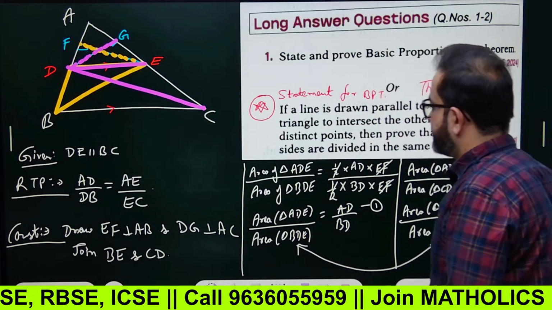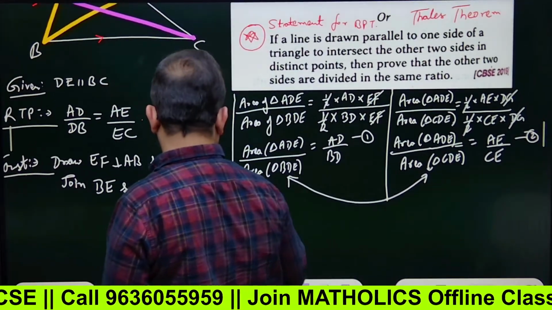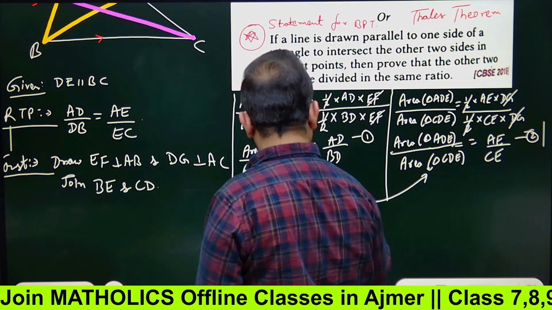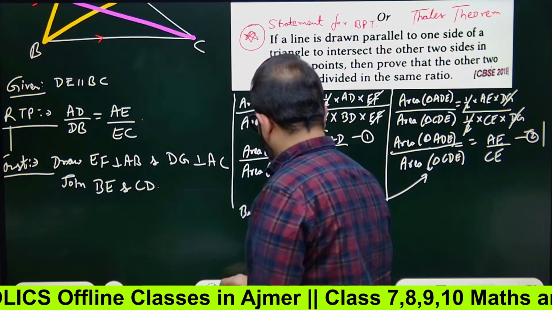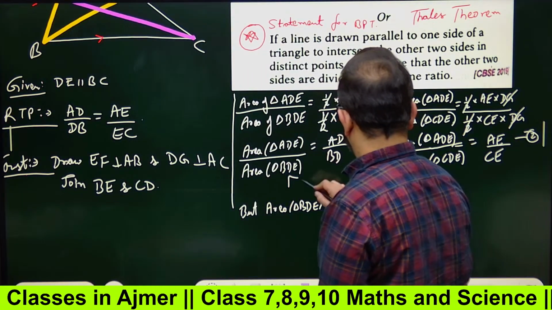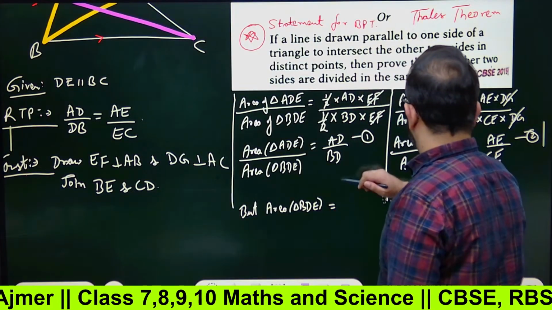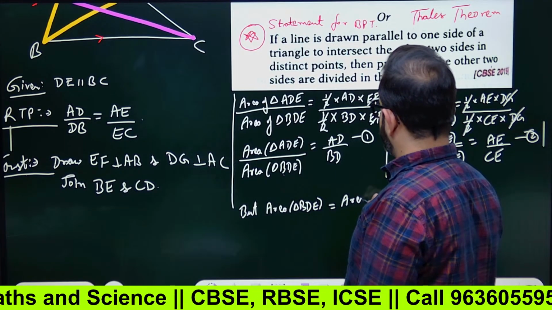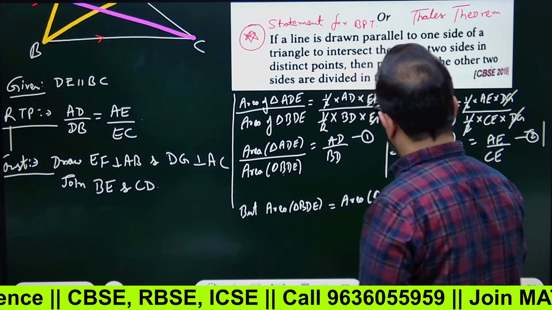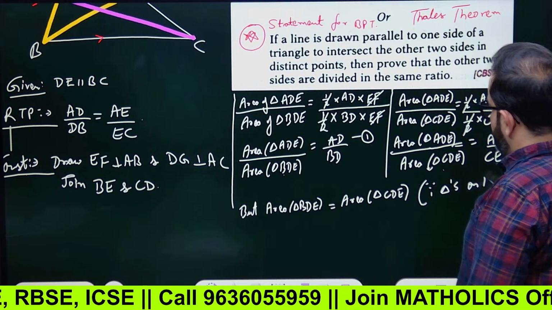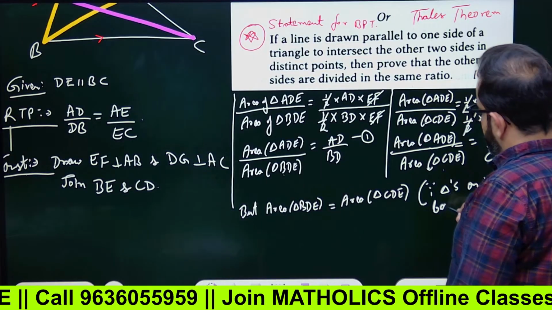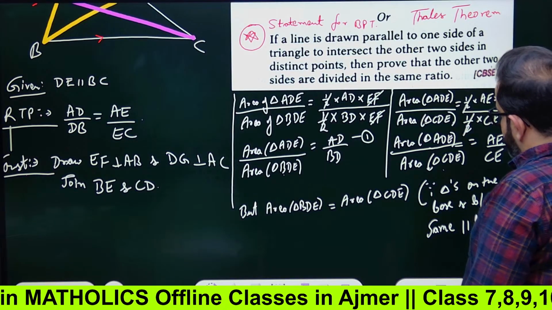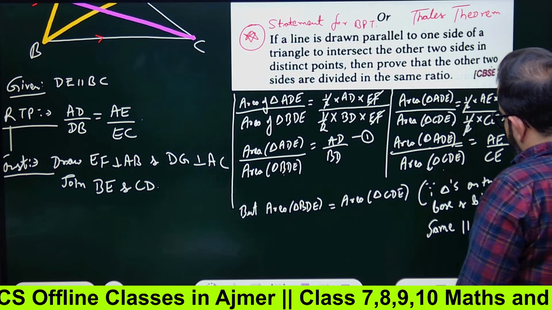Area of triangle BDE is equal to area of triangle CDE, because triangles on the same base and between the same parallel lines are equal in area.